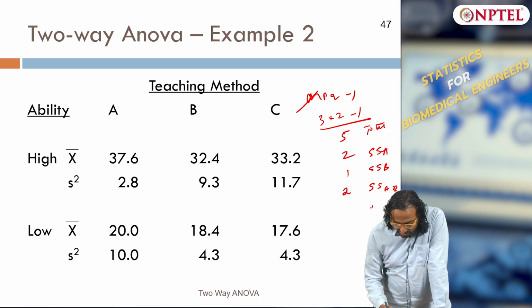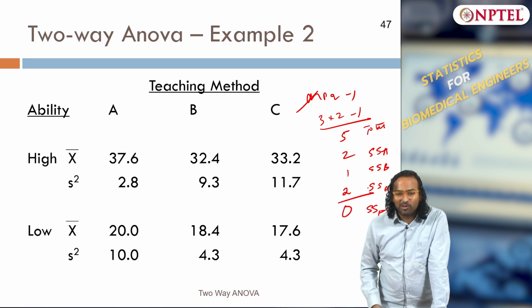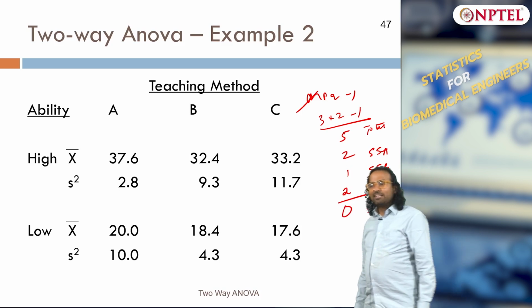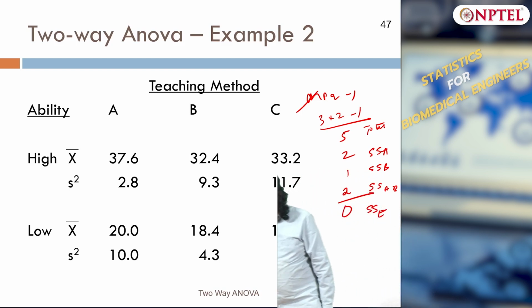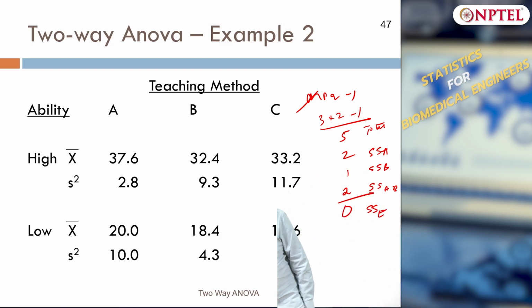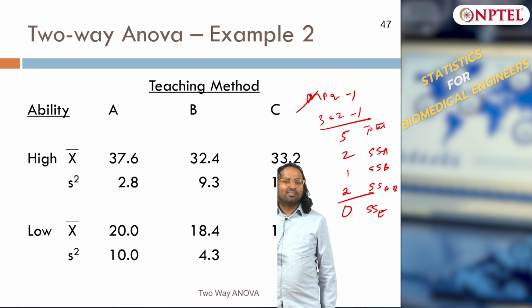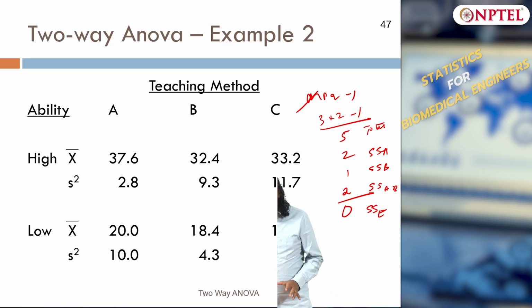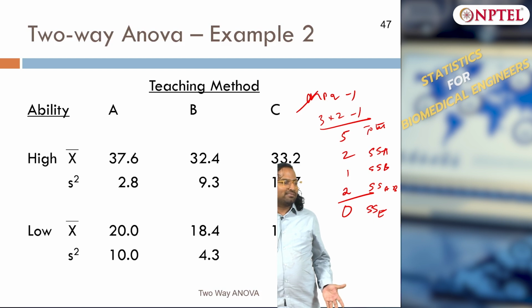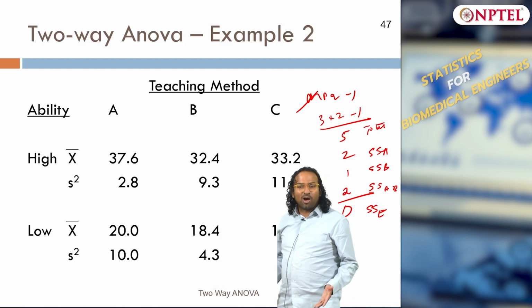So what is the total degrees of freedom for error? This is what I want you to check. What is the degrees of freedom for error if you have no replication with one interaction? 0. What does it tell you? Replication is mandatory. Replication is not an option here.